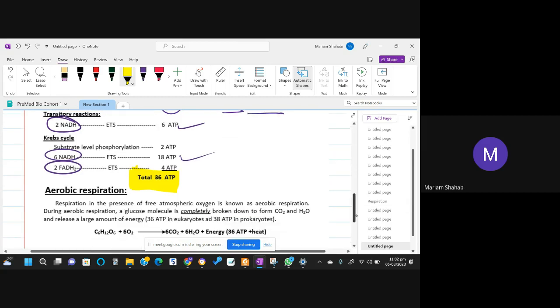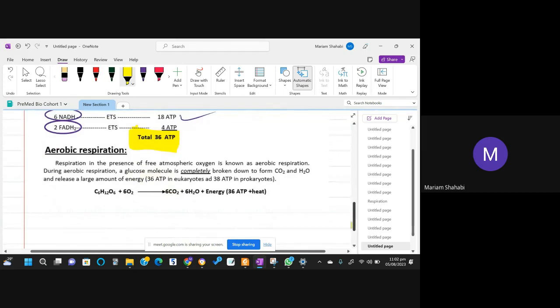I think in all books 36 is unanimously written. So make sure you pick the right number.